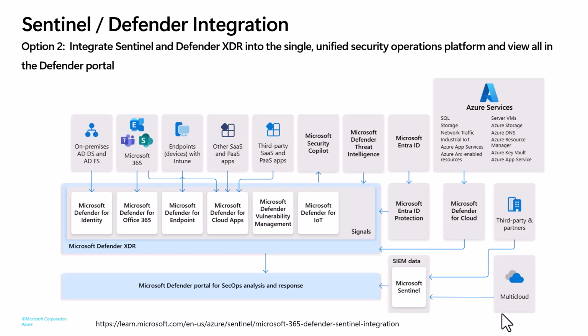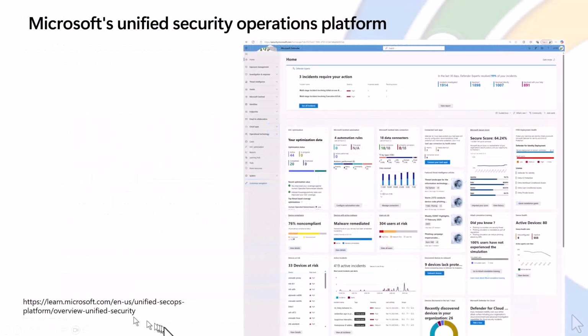Note also that in this presentation we'll be adding additional integrations not shown on this slide directly between MDTI and Sentinel, as shown by the red arrow. Together, Microsoft Sentinel, Defender Threat Intelligence, Copilot for Security, Defender XDR, and related products form the Microsoft Unified Security Operations Platform.